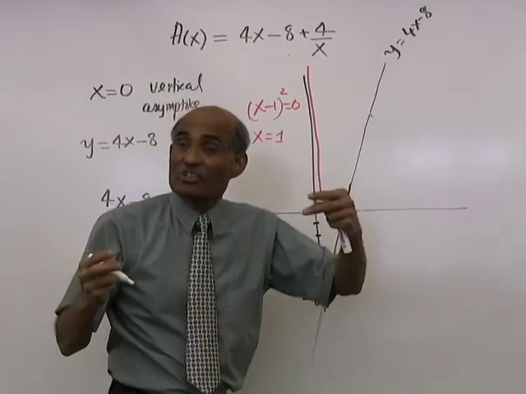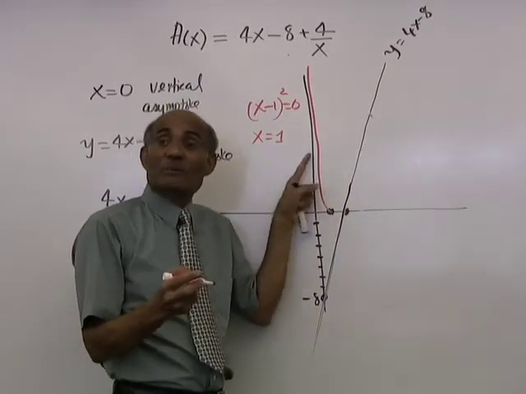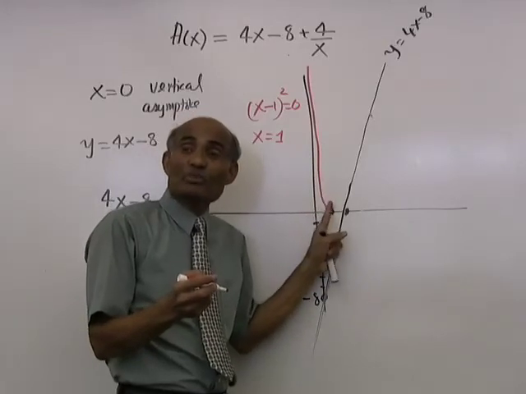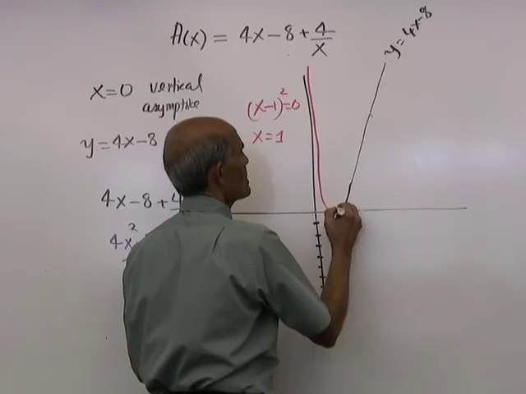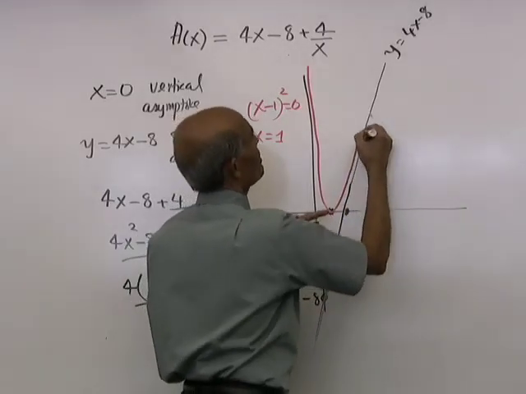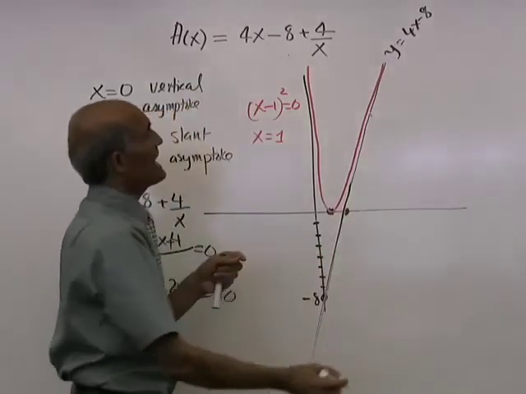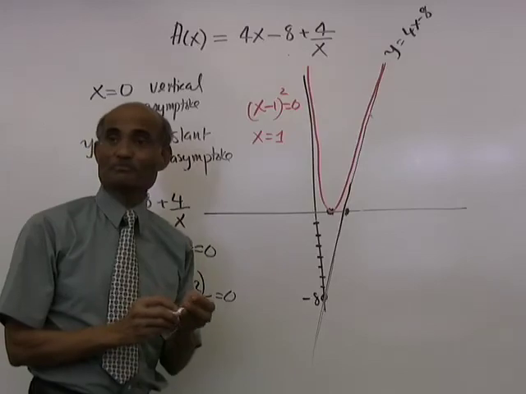When you have an x-intercept of multiplicity 2, at that intercept the graph will not cross. It will touch and go back. So it will touch at x equal to 1 and go back. And for large values of x, it must go along the slant asymptote. That is the graph of that function.